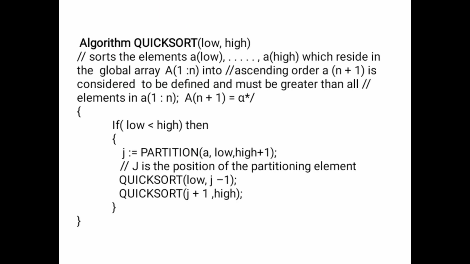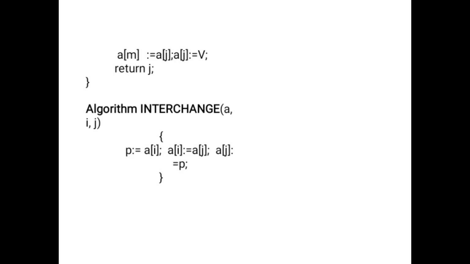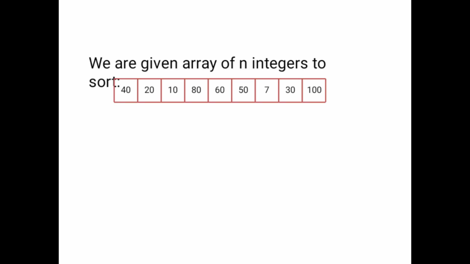Now this is the algorithm for implementation of the quicksort. In this example, we will implement the quicksort on an unsorted array.